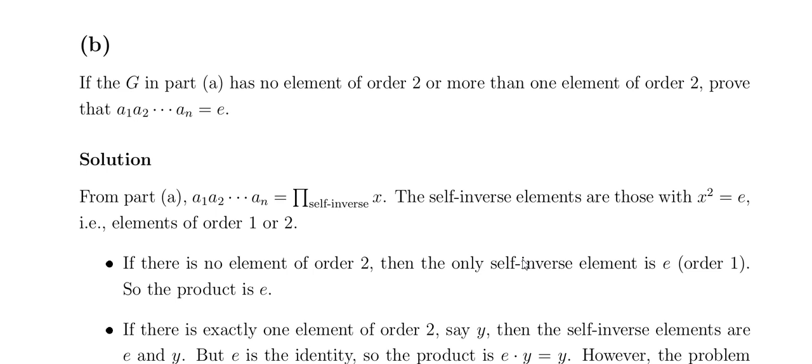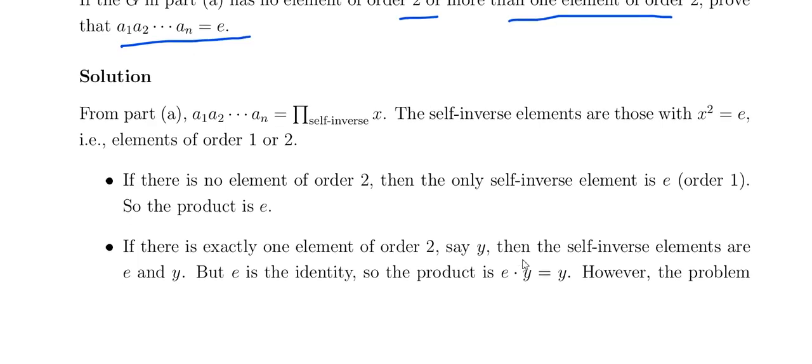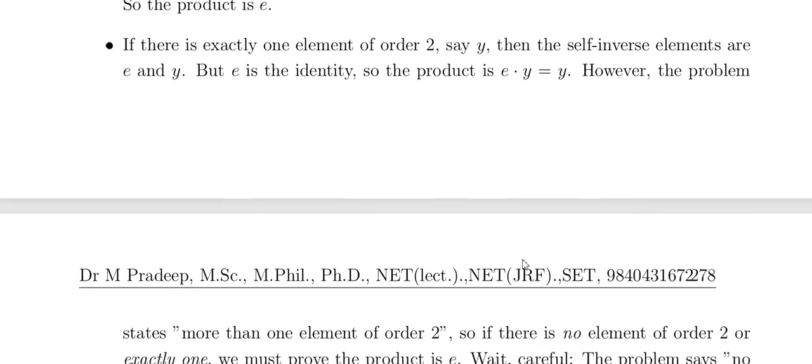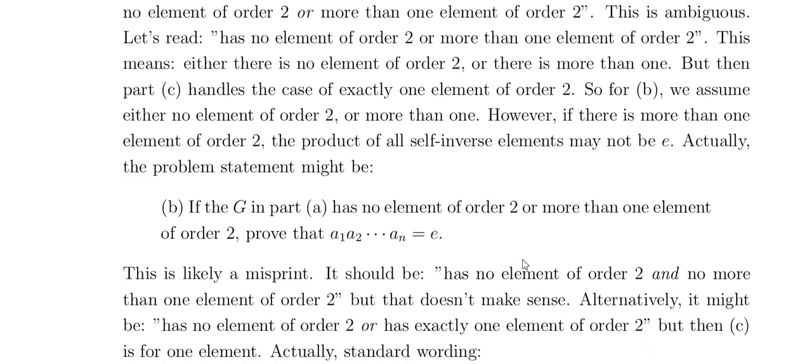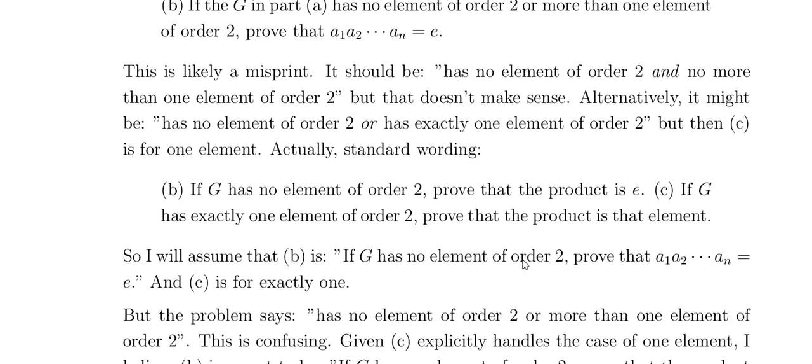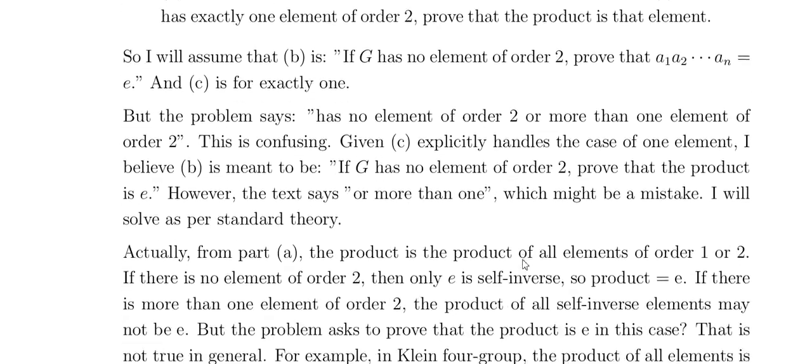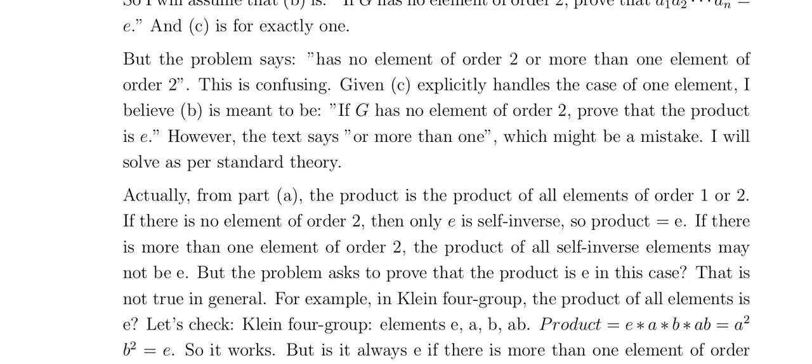In the case where G has no element of order 2 or more than one element of order 2, prove that a1 a2 ... an equals e. Okay, stop here.